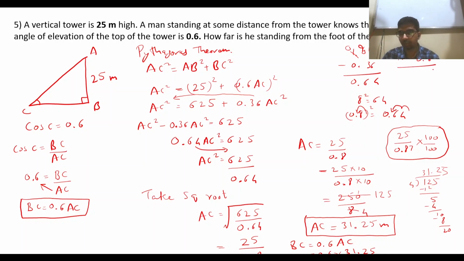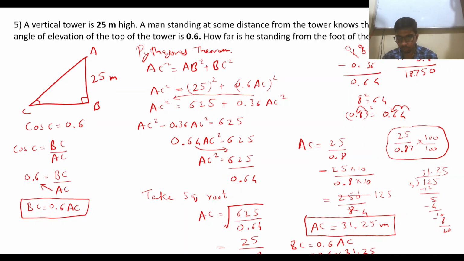So, theek hai, 6 5s are 30, carry 3. 6 2s are 12 plus 3, 15, carry 1. 6 1s are 6, 7. 6 3s are 18. 1 2 3. This will be 18.75. 18.75 meters. So BC is 18.75 meters.